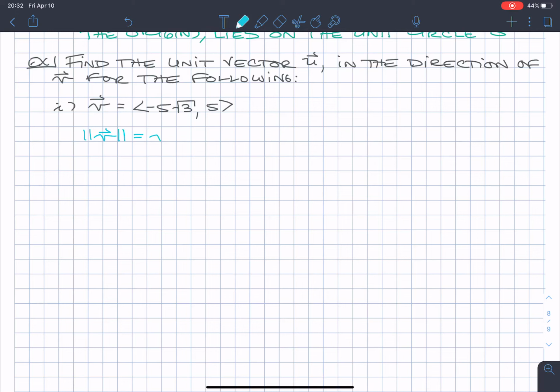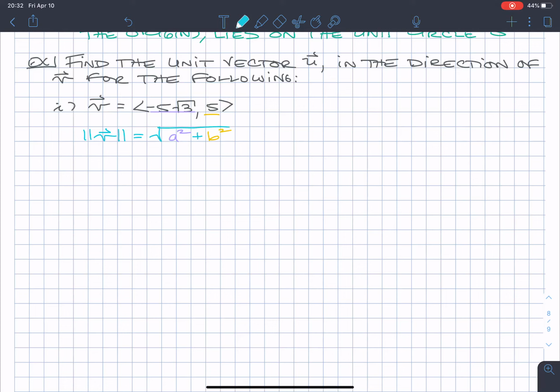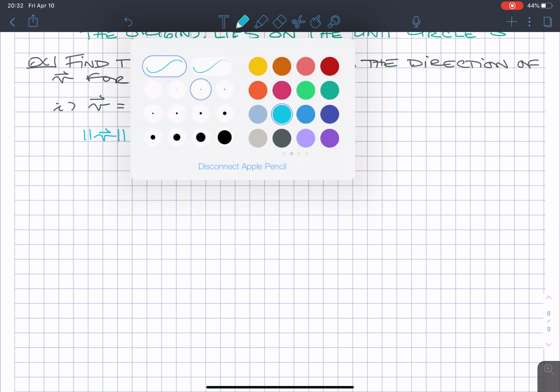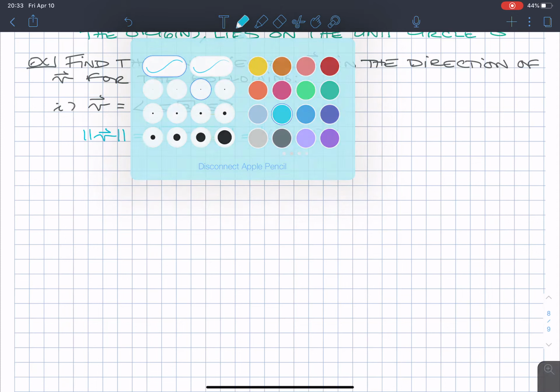So the magnitude of v, of course, is the square root of a squared plus b squared, which is going to be the square root of quantity negative 5 root 3 squared, plus the quantity 5 squared.